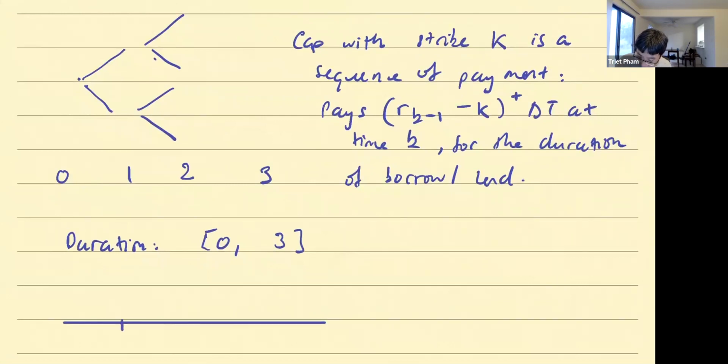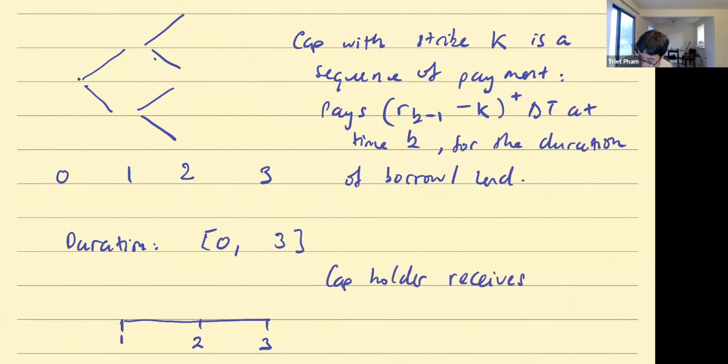You will receive 3 payments if you hold a cap. If you hold a cap, you'll receive R0 minus K plus times delta T here.